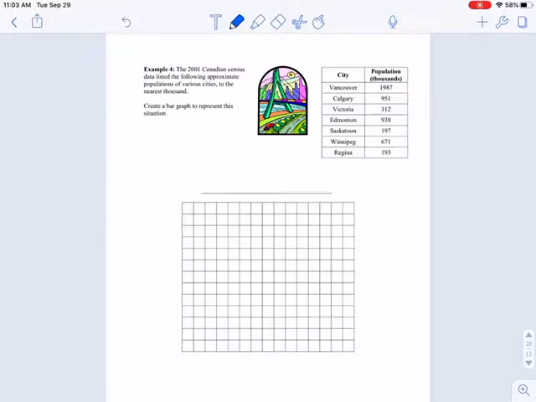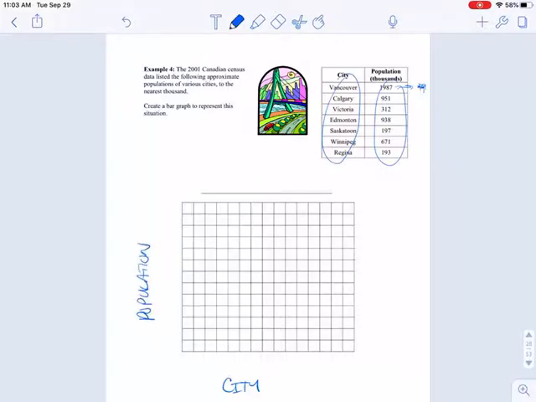Canadian census. So we have different cities, and we have their population in thousands. So this really means 1,987,000. But they don't want to put 1 million in there. It's too many numbers. So they'll just do it in thousands. So this is going to be the city on the bottom. And this is the population.